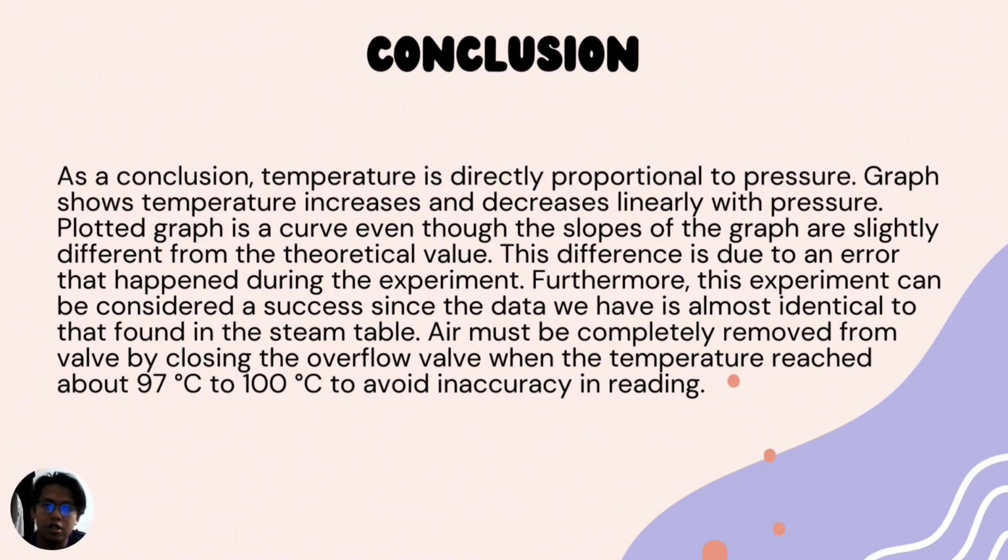Furthermore, this experiment can be considered a success since the data we have is almost identical to that found in the steam table. Air must be completely removed from the valve by closing the overflow valve when the temperature reaches about 97 degrees Celsius to 100 degrees Celsius to avoid inaccuracy in reading.